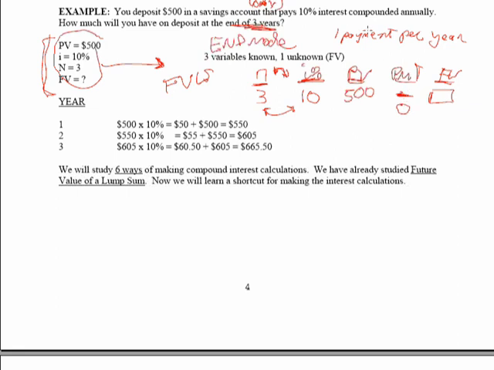Another thing that causes problems with calculators is that you do one problem, and if you don't clear your registers totally out, there might be something left over from a previous problem, and that's obviously going to affect your answer to the current problem. So get in the habit, when you approach a problem like this, of first clearing your registers. Check your calculator, make sure it's set on 1 payment per year, also in end mode, and also learn how to clear your registers.